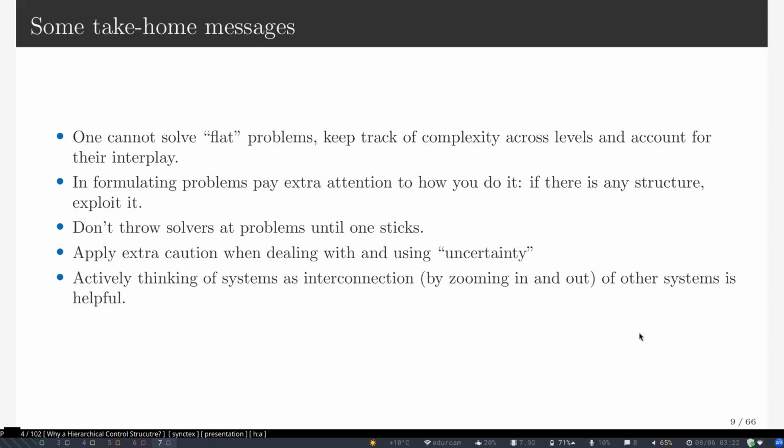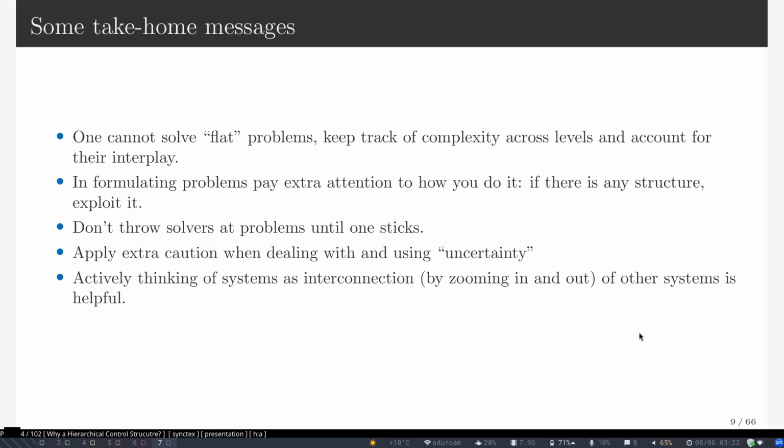The other message, which I will come back to, is that if there is a structure, exploit it. That structure can be temporal, spatial, or both. Having domain knowledge might help you identify structures, but sometimes it can be a hindrance as well. It might blind you to certain structures that someone else might observe. So whenever there is a structure, exploit it.